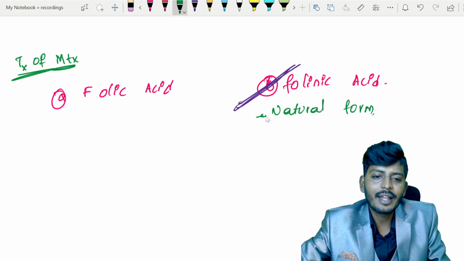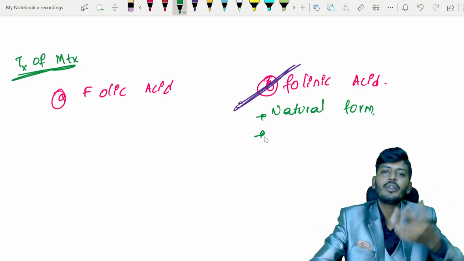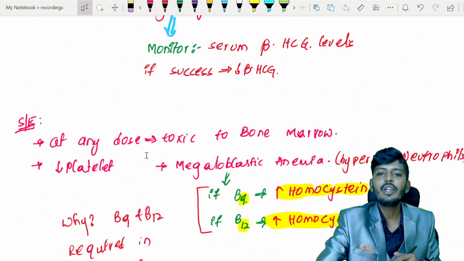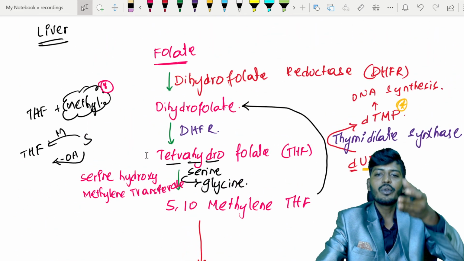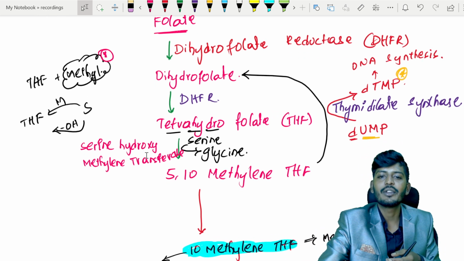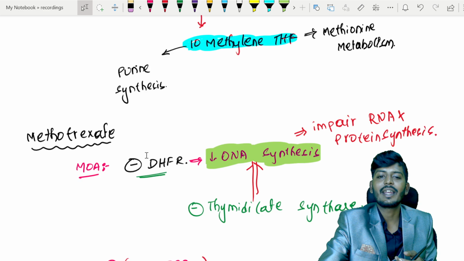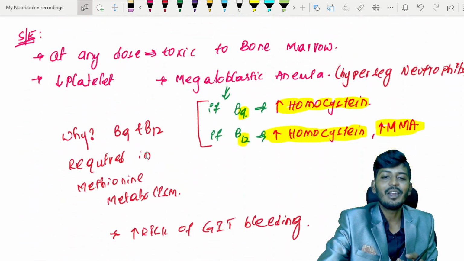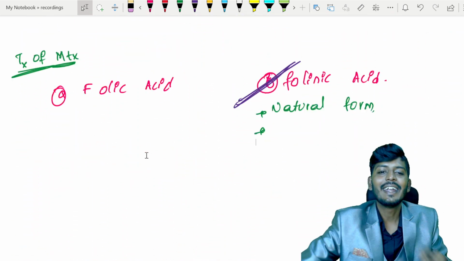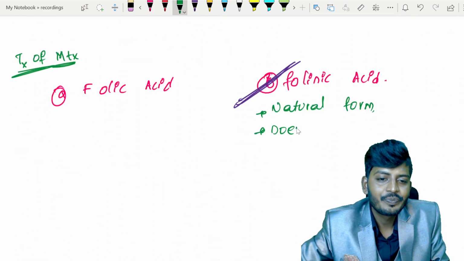And this folinic acid, remember, let's go back to the start of the lecture. Whenever you take folate into the body, these are the enzymatic conversions. A lot of steps take place to form methylene tetrahydrofolate and all these things. Folinic acid does not require the activity of enzymes like DHFR, dihydrofolate reductase, for example MTHFR, for example serine hydroxymethyltransferase.